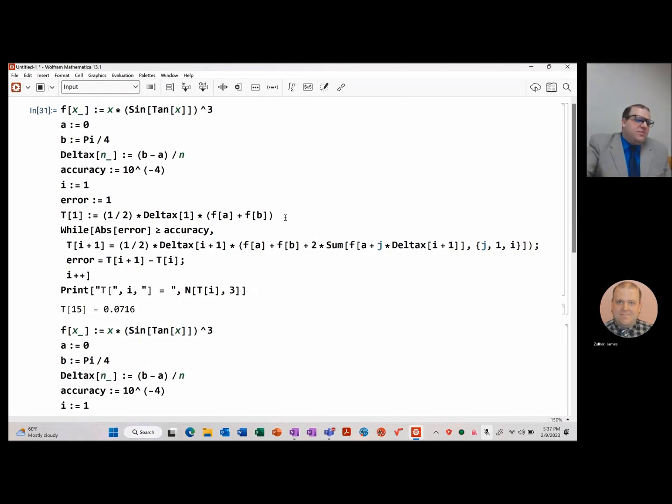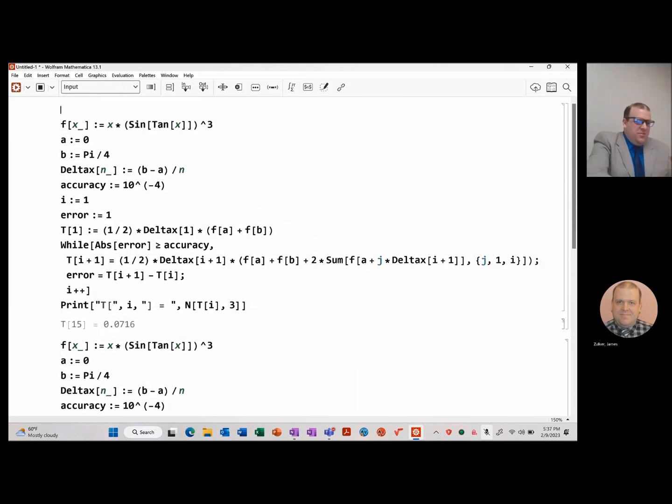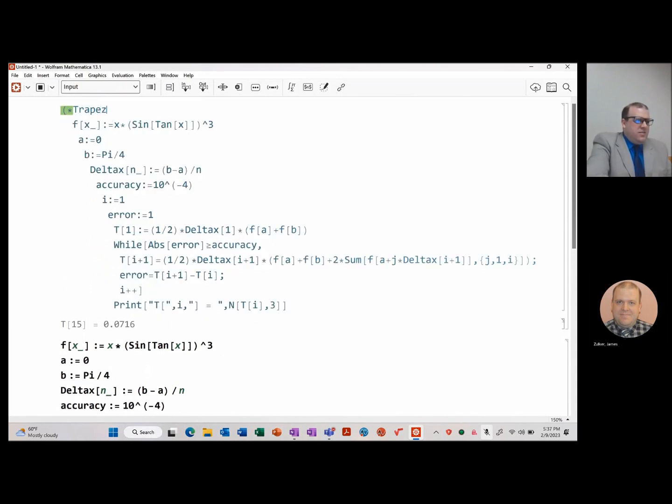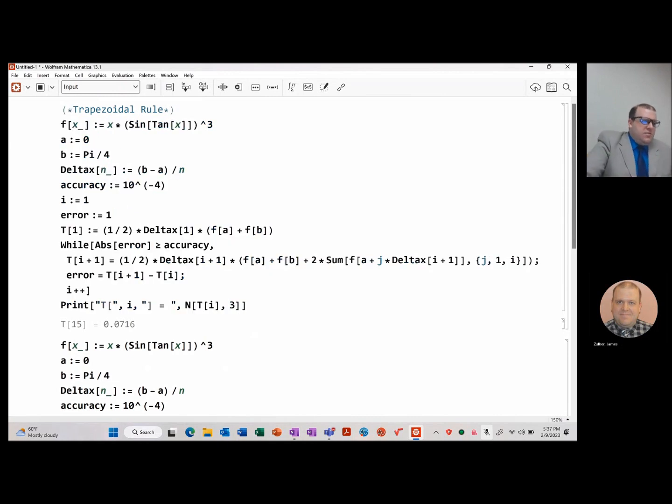Comments. I could do this, just to separate the code. It reads this as just a comment, not as actual part of code.